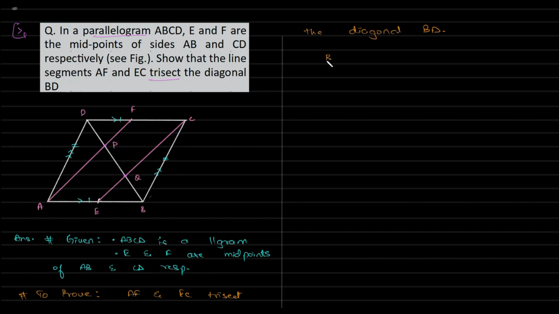That is, we have to prove that DP is equal to PQ is equal to QB. So we need to prove that these three lengths are equal. Now, how will we go about doing this?